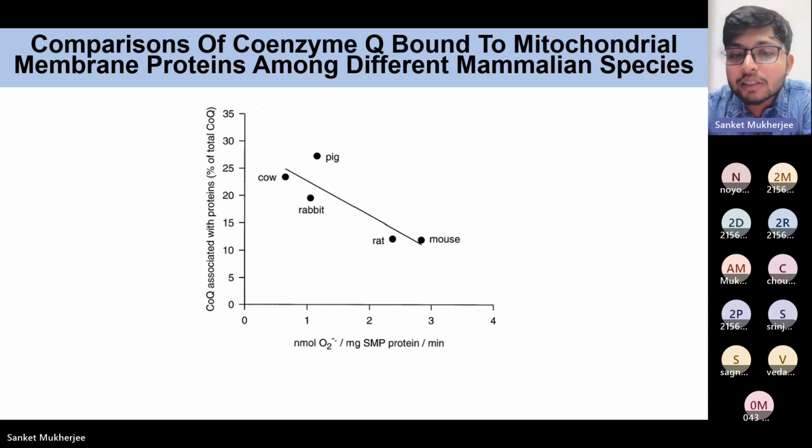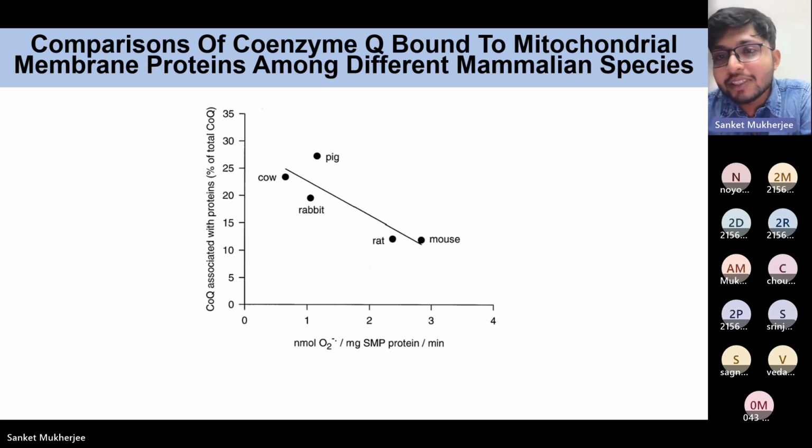Also, you will see a correlation with lifespan. Who lives longer, a cow or a mouse? Cow. Yes, because the nanomole of peroxide is less.